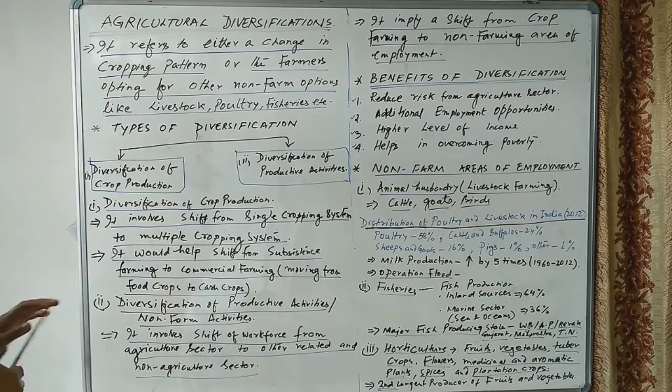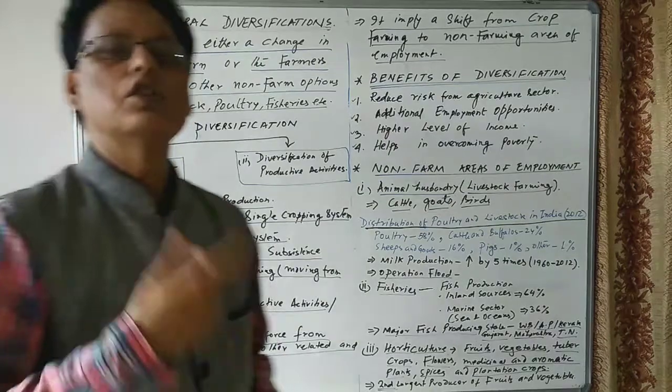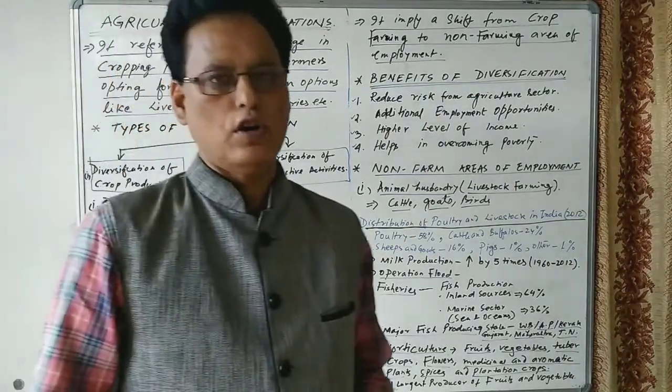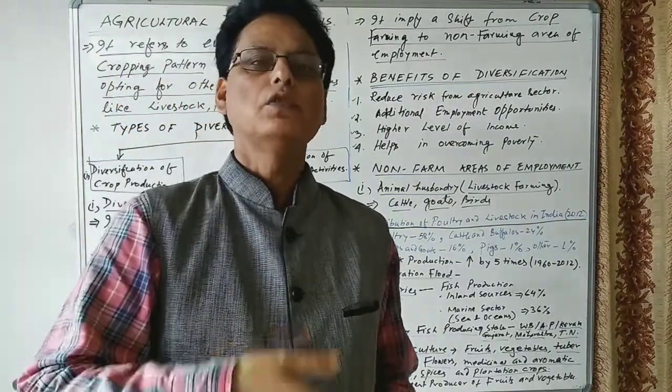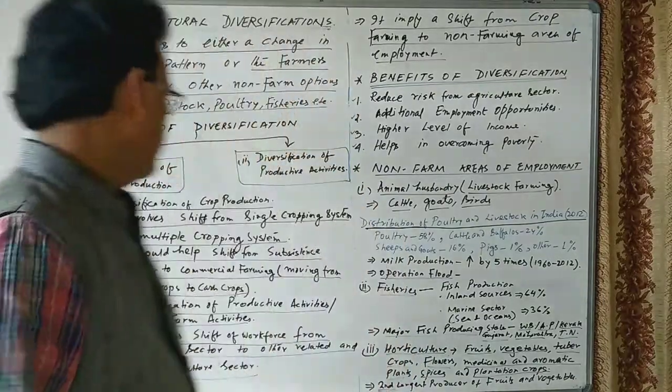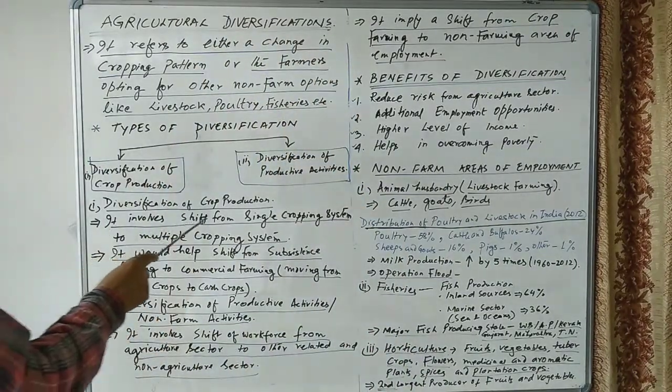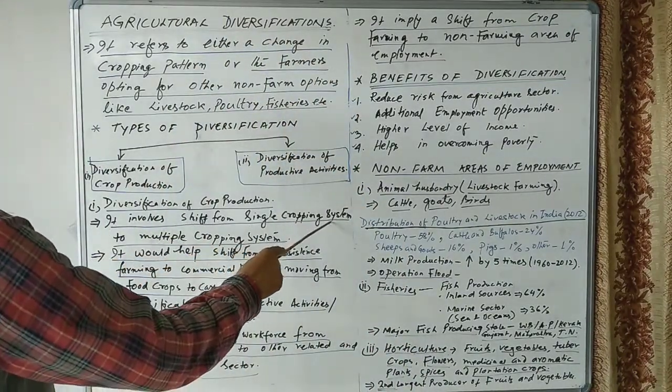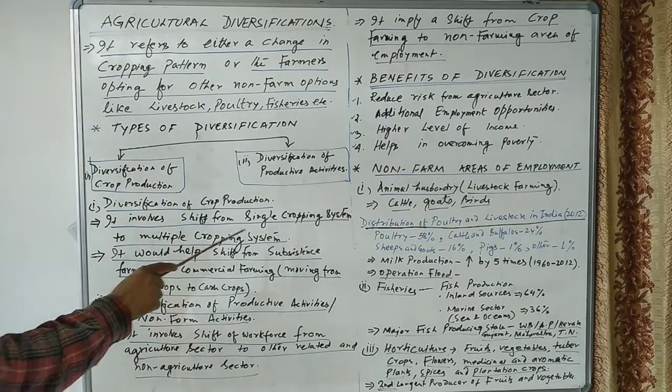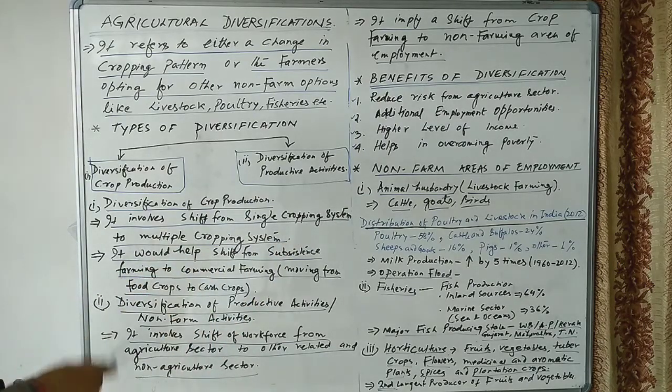Let us see the meaning of diversification of crop production. It means a change in the pattern of cropping. Here it involves shifting from a single cropping system to a multiple cropping system.